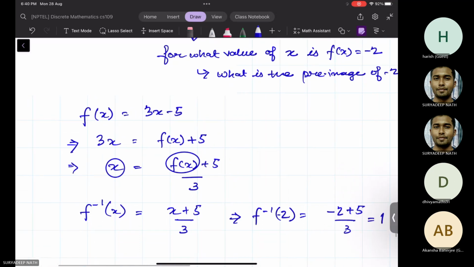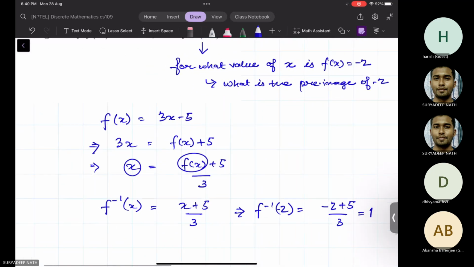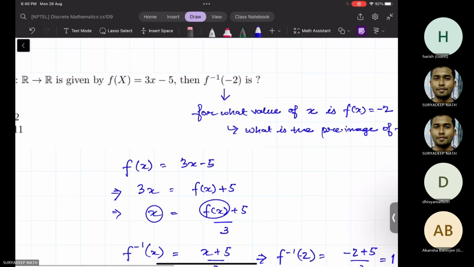So now we know f(x) is equal to minus 2. So on the right hand side, in place of f of x, we plug in minus 2. So (minus 2 plus 5) over 3 gives us 1. So that is how we get f inverse of minus 2 as 1.